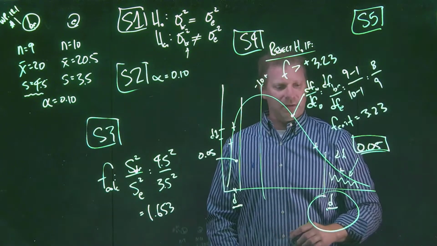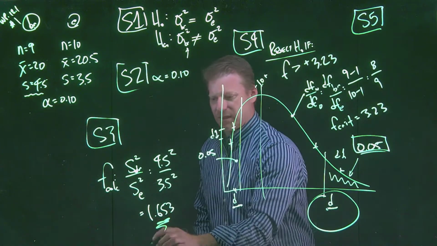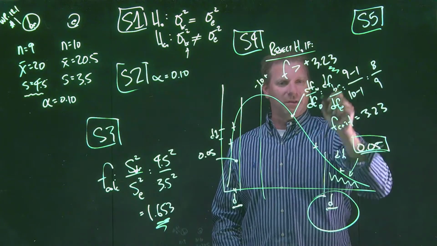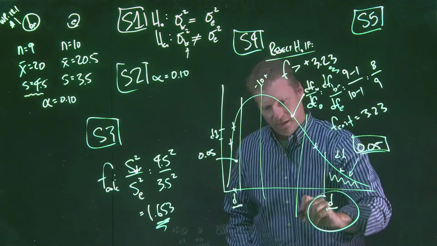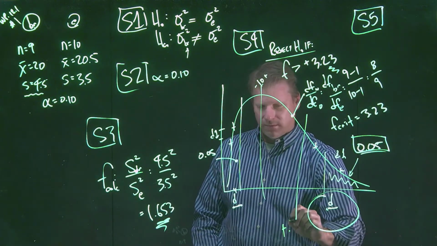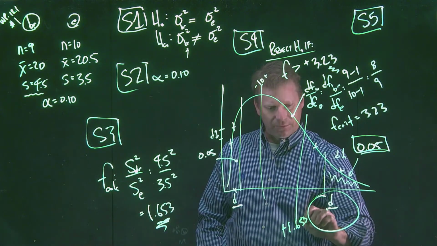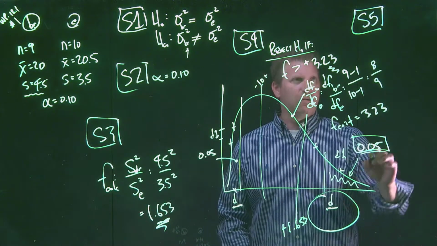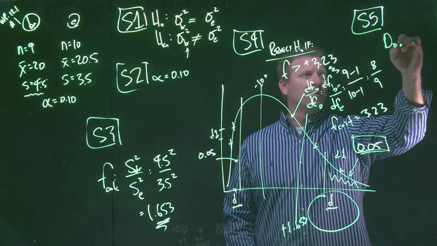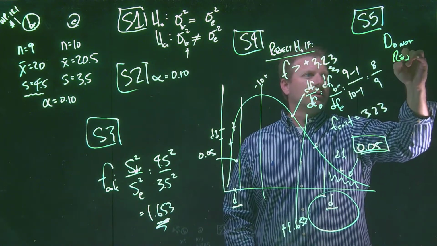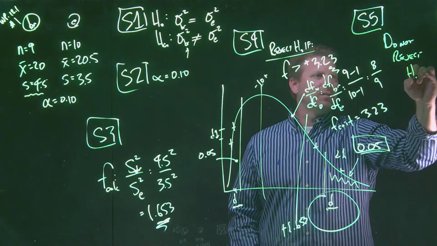Step number 5, we're simply answering that question. Where is this calculated value in relationship to this critical value? Well, here it is, 1.653. It is not in this rejection zone, so we would say, do not reject H sub 0.